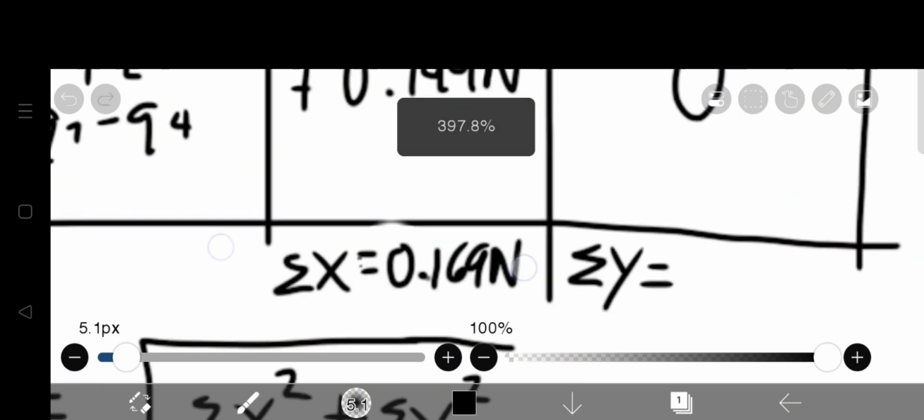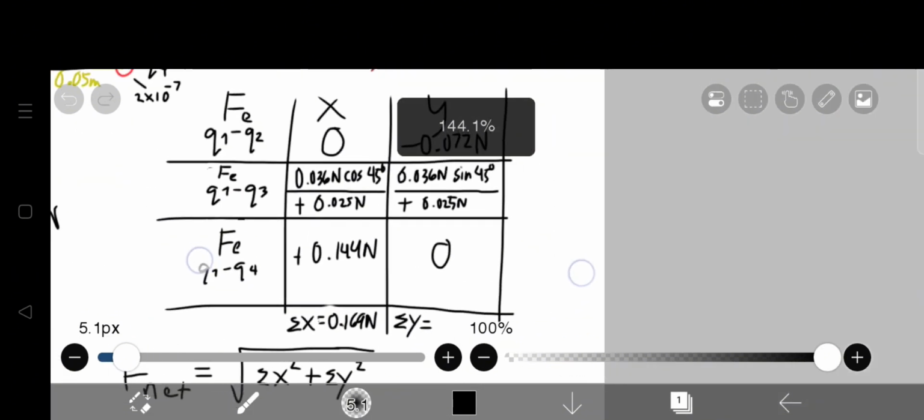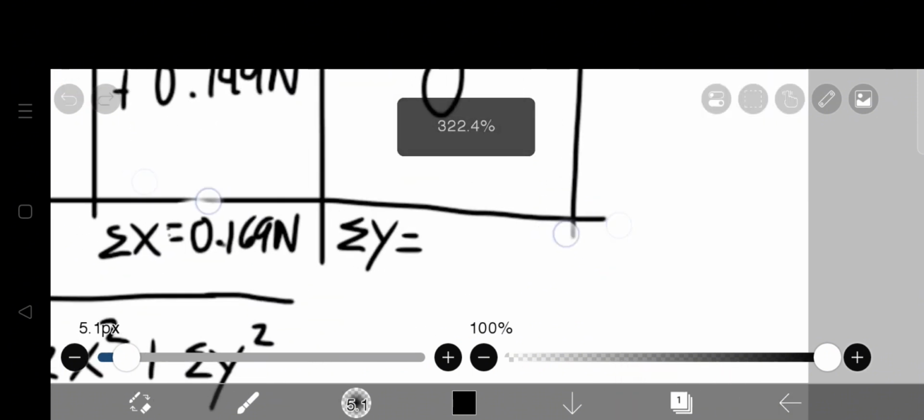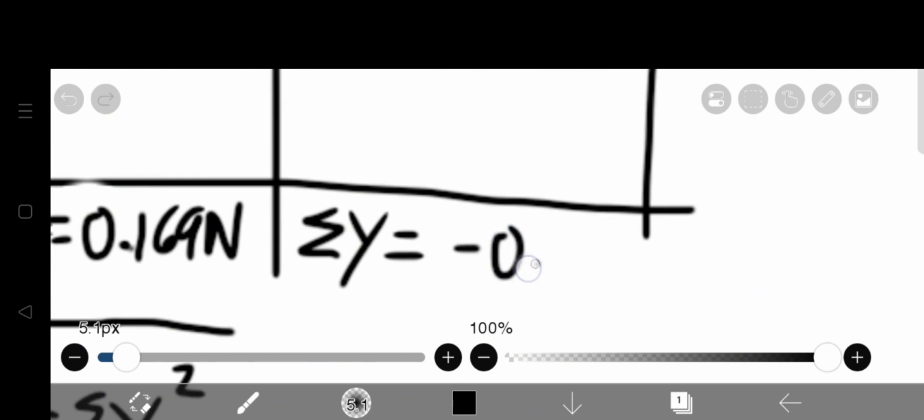Ayan. So, sa summation of y naman tayo. So, add lang natin itong negative 0.072 newtons plus positive 0.025 newtons. And that would be negative 0.047 newtons.